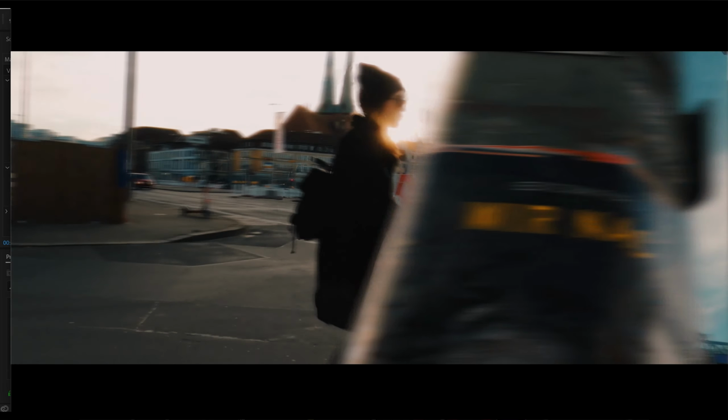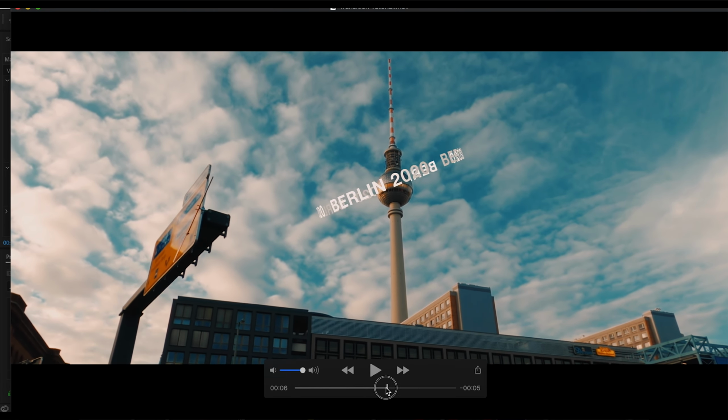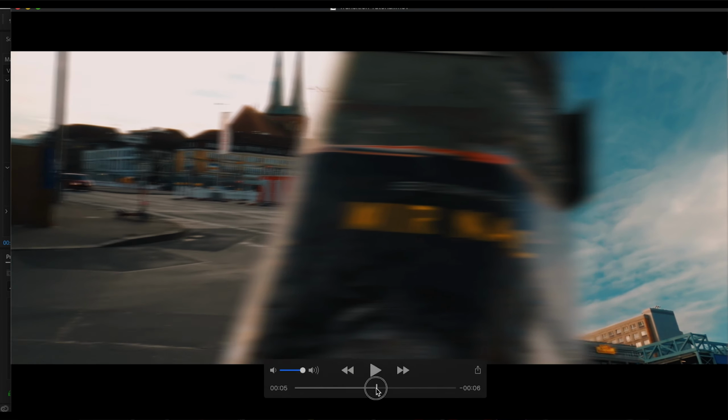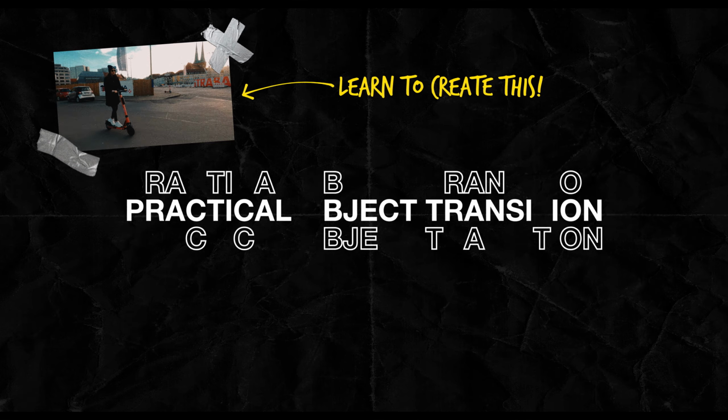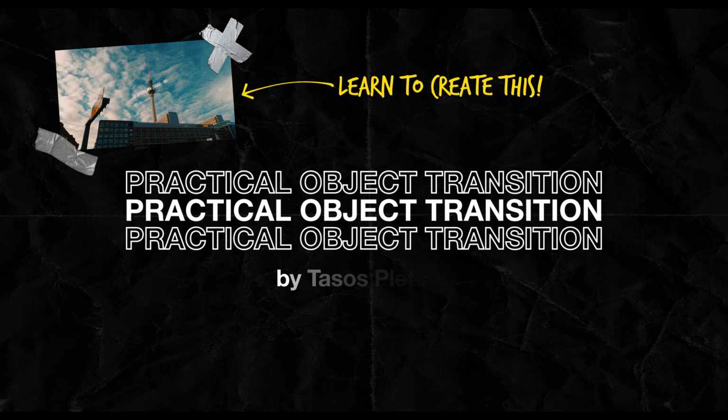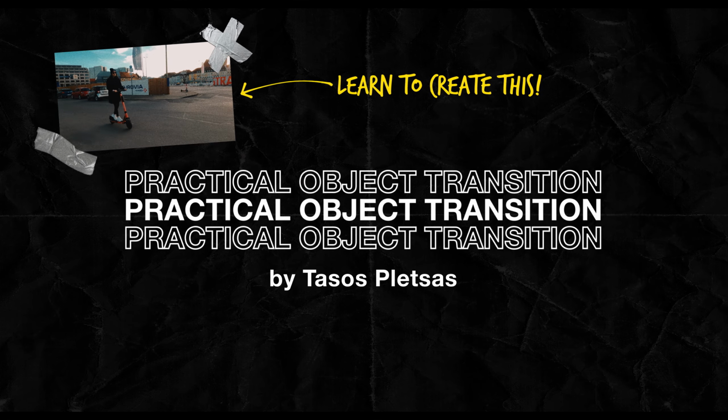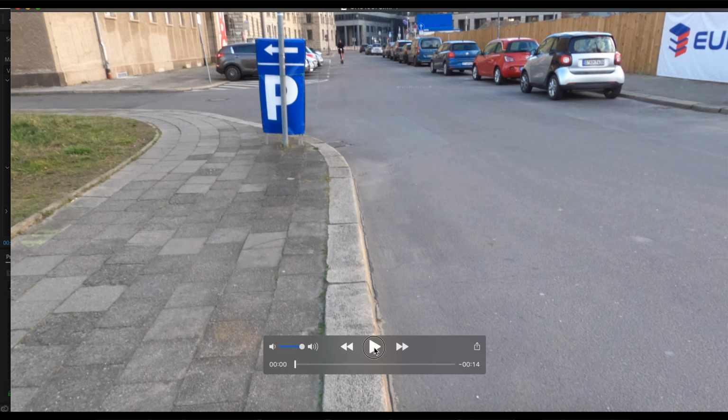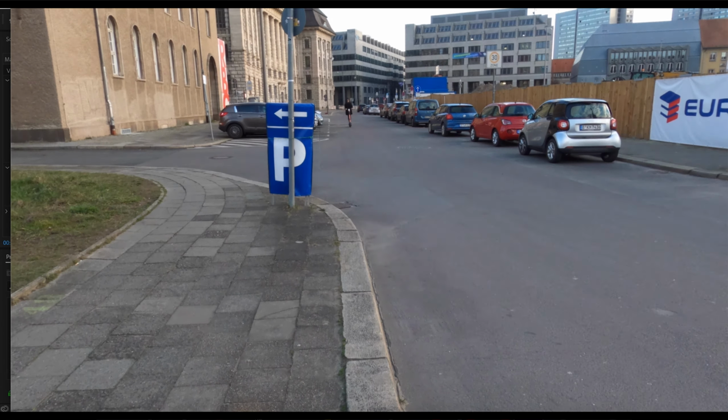Okay, let's go back to my Berlin video and create this transition from scratch. First, let's check all the scenes we're going to use. Raw scene number 1.